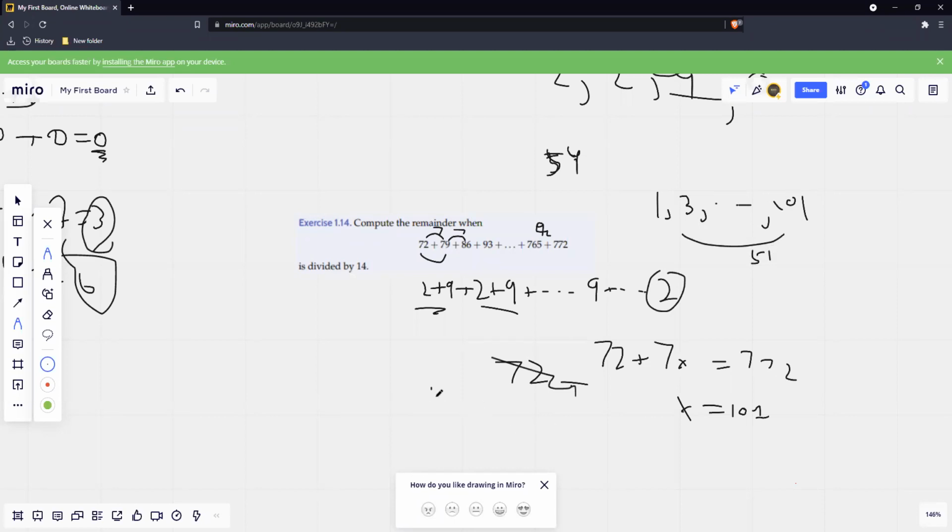So 51 times 2, because we are computing the remainder, and then we have 50, because 101 minus 51 is 50, 50 remainders of 9, right? Let's multiply out. 102 plus 450 is equal to 552. And if we divide this by 14, we are basically done.